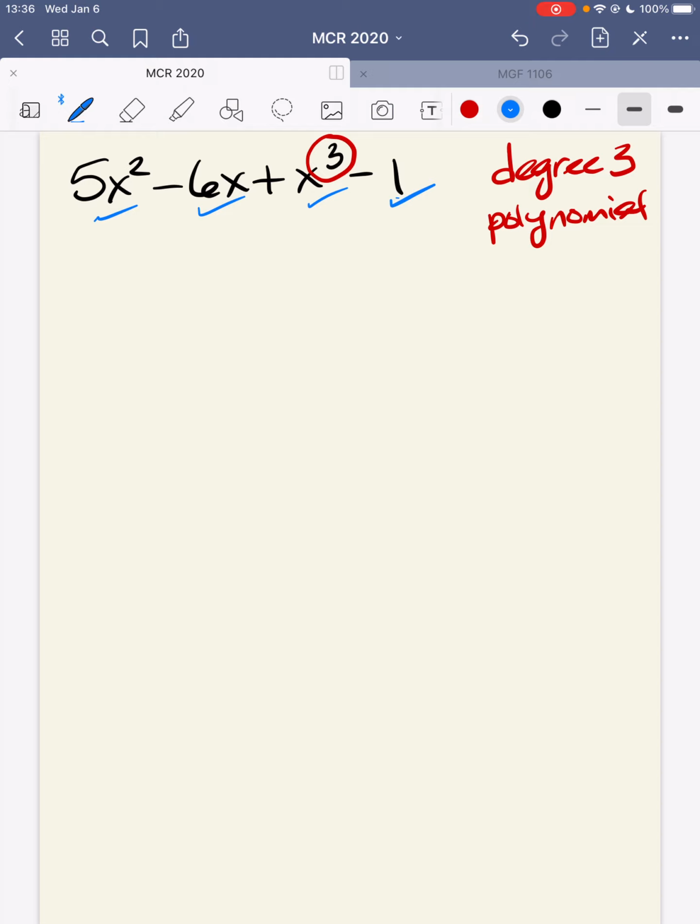My highest exponent is 3, so my x to the third goes first. My next one is 5x squared. There's nothing in front of it, so it's a plus 5x squared. I have my minus 6x and minus 1. So I've already completed my degrees 3. It's a polynomial, 4 terms, and I got them in descending order.